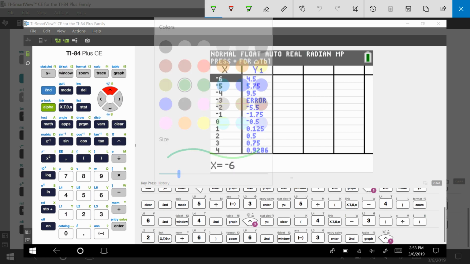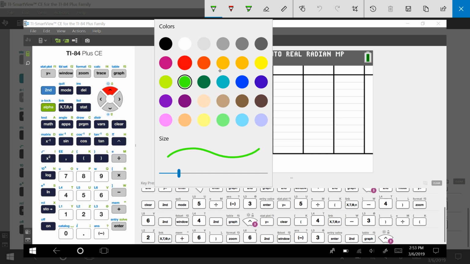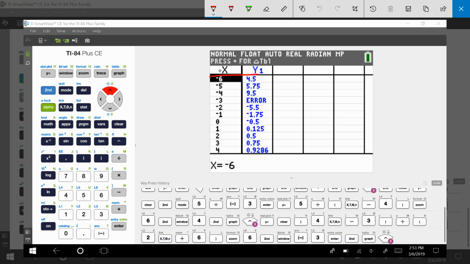When I'm going to transfer this onto my paper, these values are on the left, and then these values down here are on my right. Now would be a great time to pause the video and get that copied down. It's really simple.